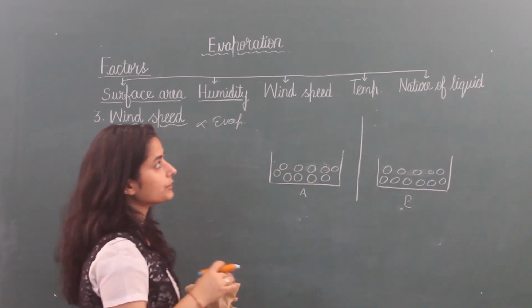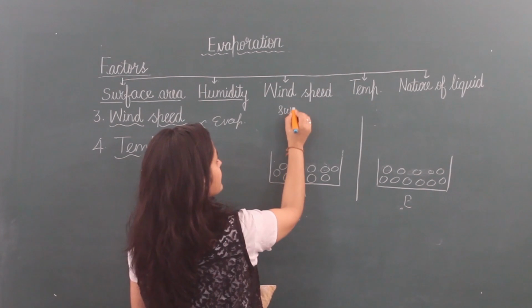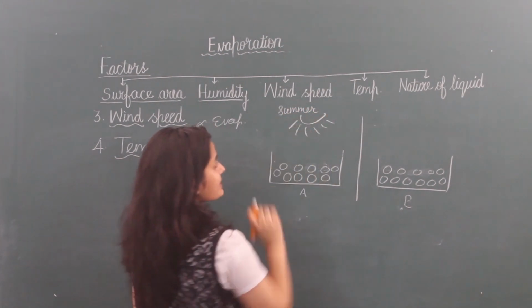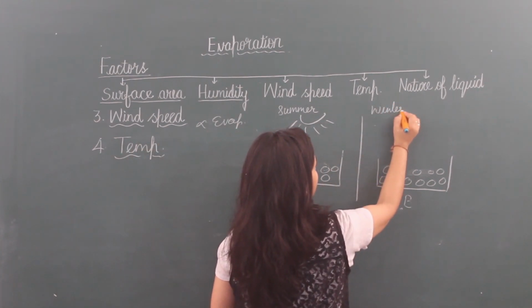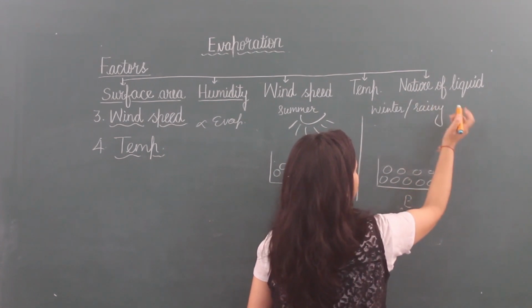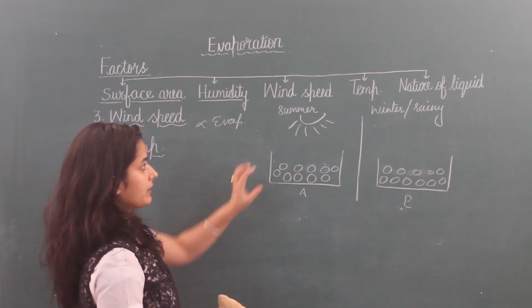Now I have to take a different temperature here. So this is summer season, more sunlight is there, and this is winter season or rainy season. Sunlight is very less here. So what will happen?